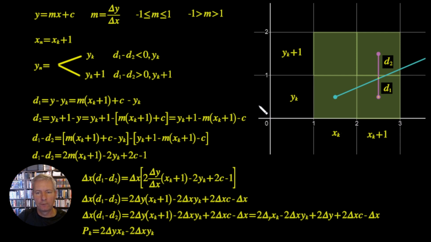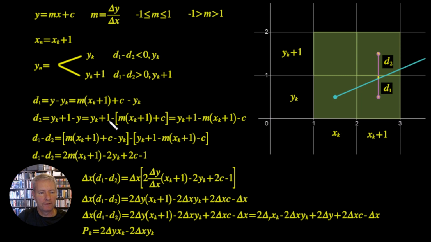Now we can do the same for this distance here. This distance here is going to be this point here minus the value of our y. So the distance here is going to be our yk plus 1 minus our y. So it's this height here, that's the yk plus 1, minus a point here on the line, which is y.